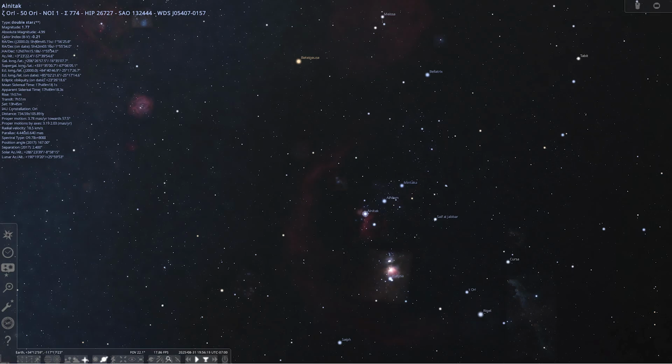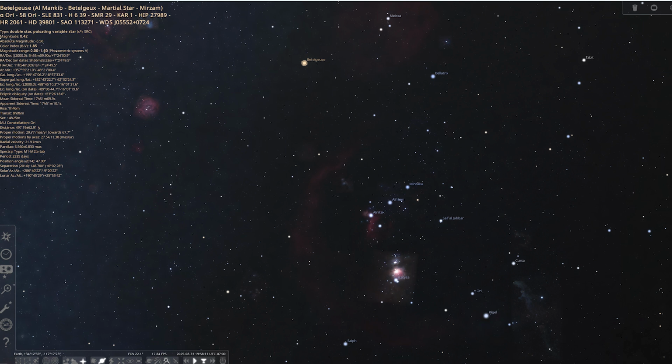And the distance, do you guys see it? 817 light years from Earth. Super, super far, okay? For example, Betelgeuse is closer. Betelgeuse, the distance is 497 light years.